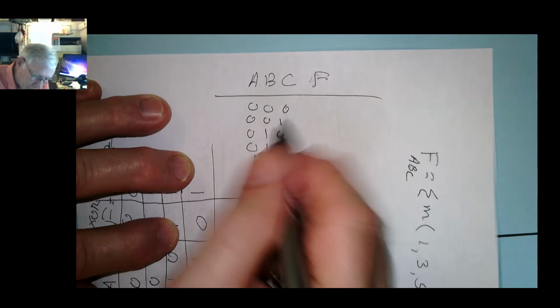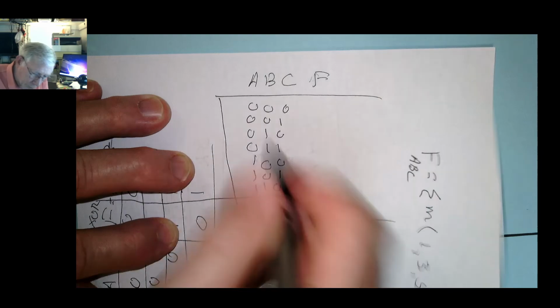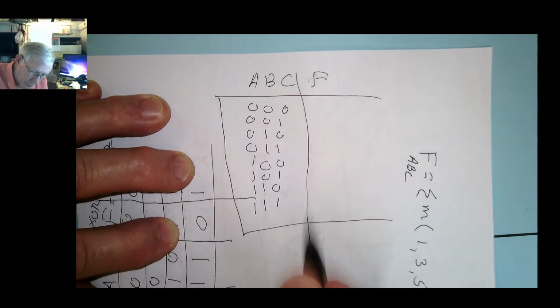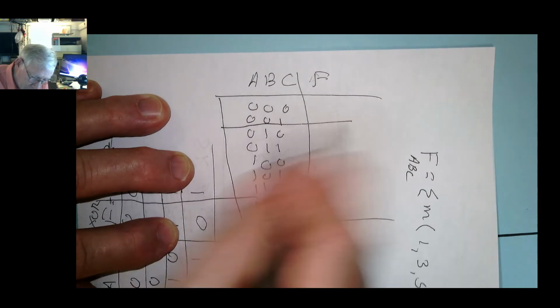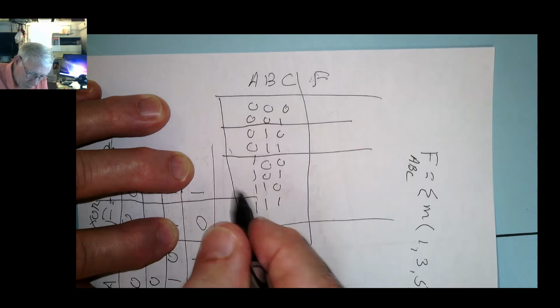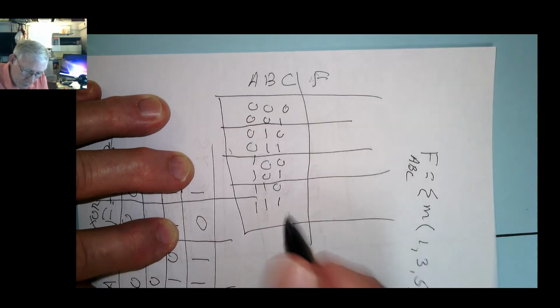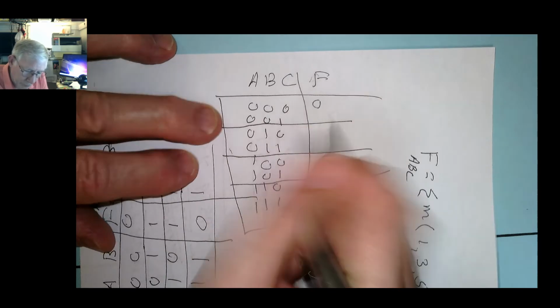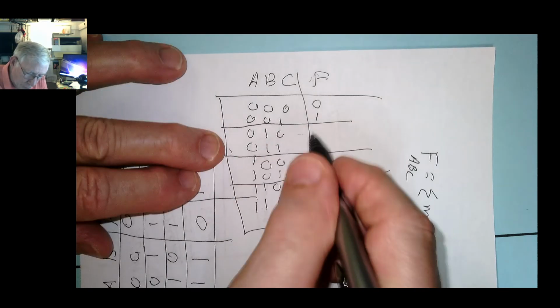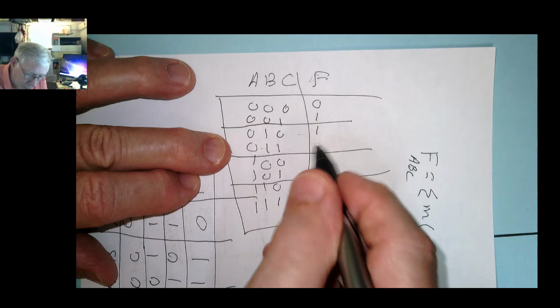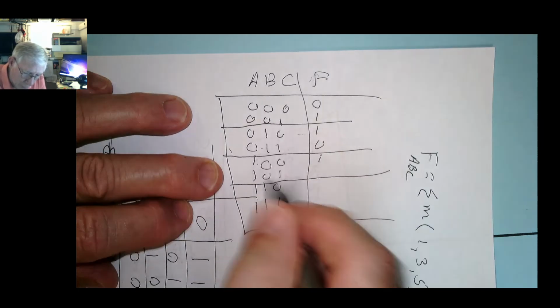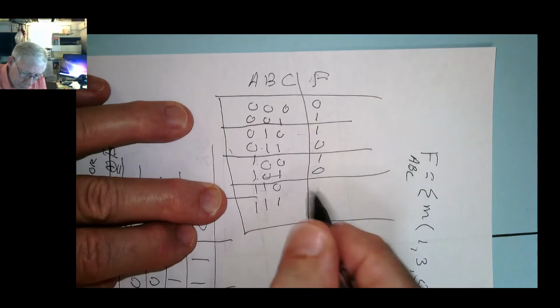All right, so I'll do them in pairs just to keep them organized. If they're all 0, you get a 0. If you just have one 1, you get a 1. Here's a 1, you get a 1. Oops, I have 2 here, so that's going to be a 0. I have 1 here, so that's a 1. I have 2 here, that's a 0. And here I have 2, that's a 0.